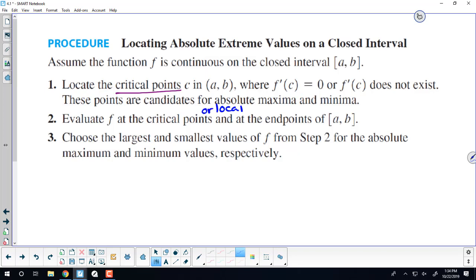And it says evaluate the critical points and the endpoints of that function. So we're going to evaluate f of c, which were our critical points, and we're going to evaluate f at the endpoints given to us in that closed interval. Then to identify the absolute max, you just take the largest y value, and for the absolute minimum, you look at the smallest y value.